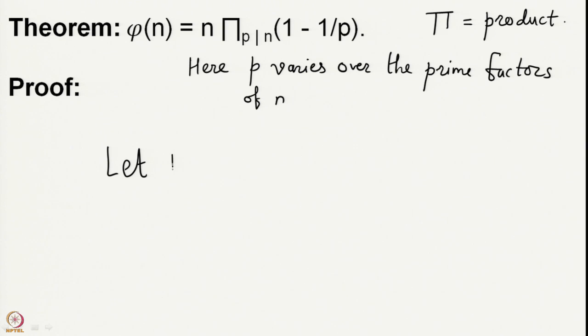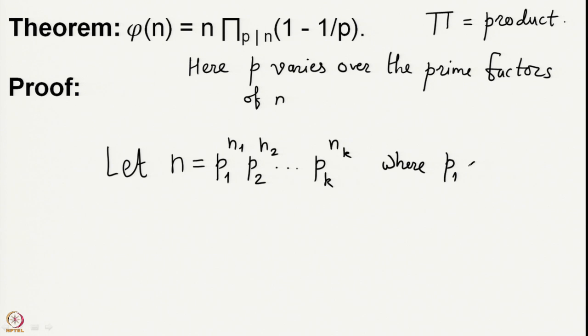Suppose we have n to be p1 power n1, p2 power n2, dot dot dot, pk power nk, where we have, let us say, p1 less than p2 all the way less than pk, just to say that we are looking at distinct primes here.